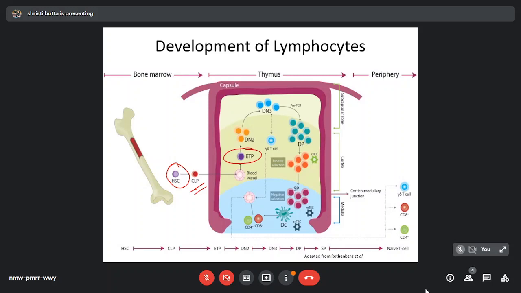These early thymic progenitors change into the double negative progenitors type 2 and type 3. We will further go into the details of it in the subsequent slides. This further on changes into the double positive progenitors and subsequently the single positive progenitors. Now let's see what else.